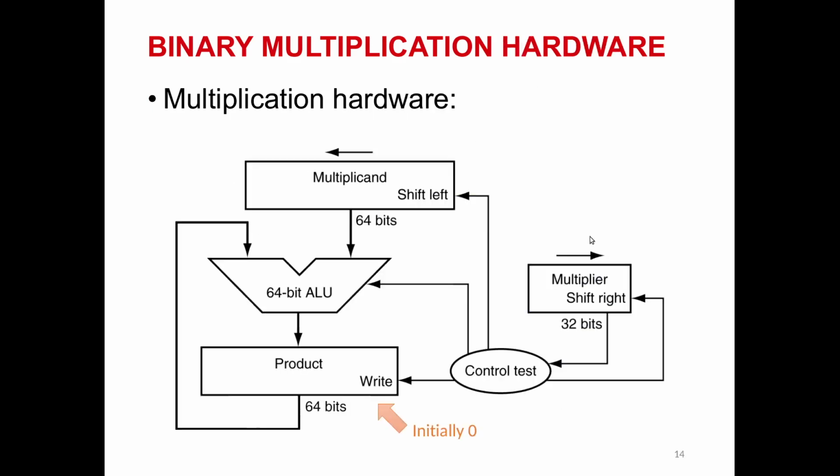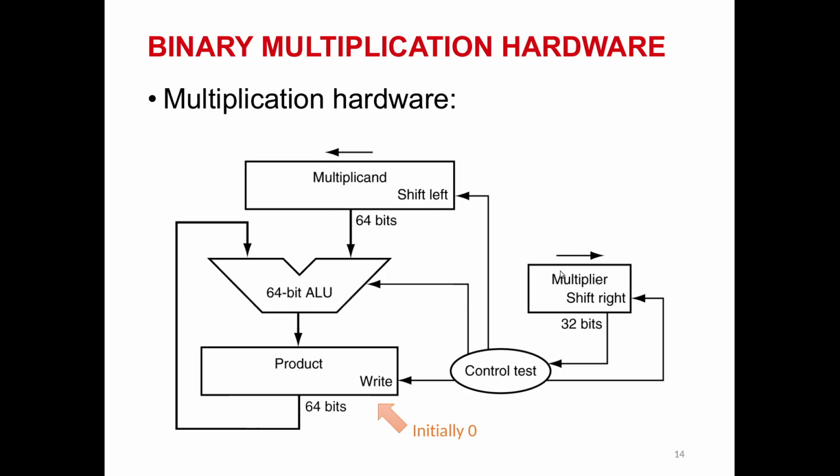And this is the simple hardware for that algorithm. You know that at every step we will need to shift our multiplicand 1 bit to the left, and then we add it together with the product here. Come back to the ALU, so the multiplicand will be added together with the value of product.